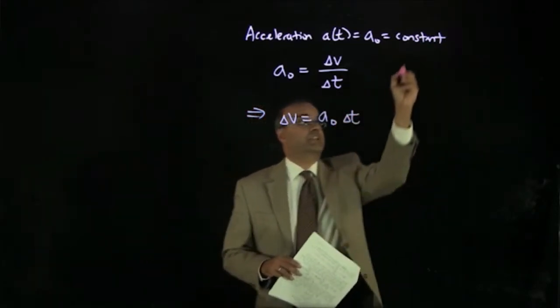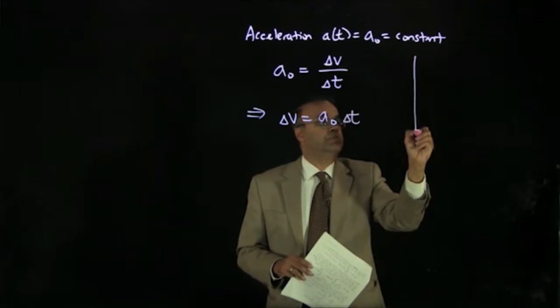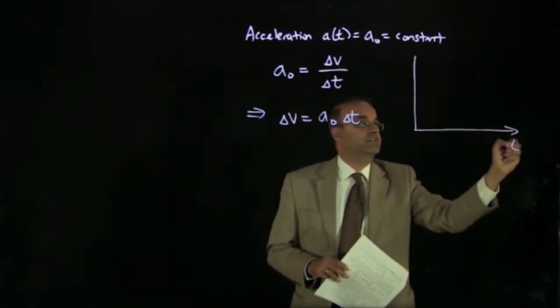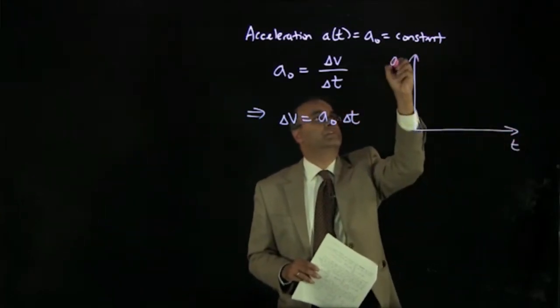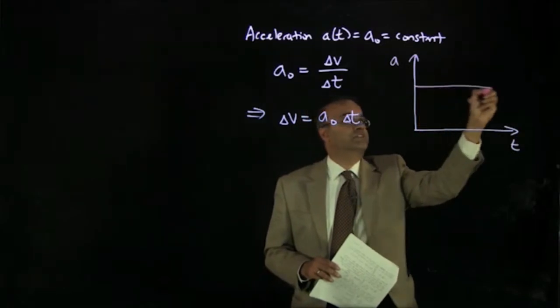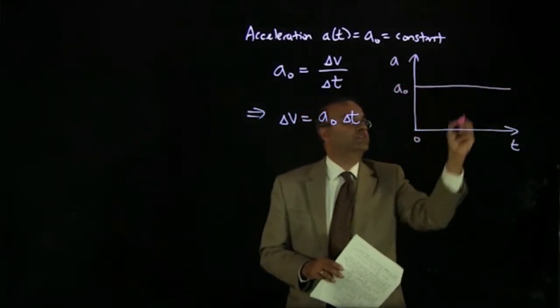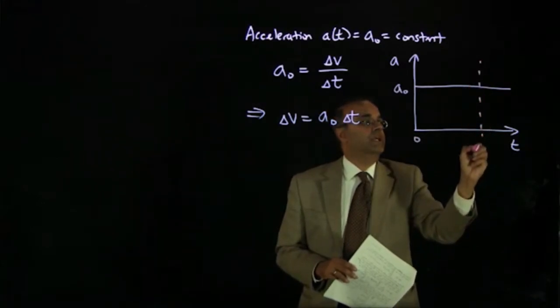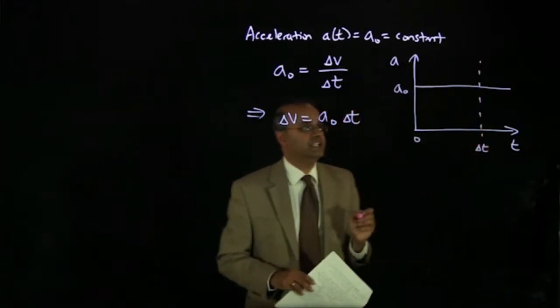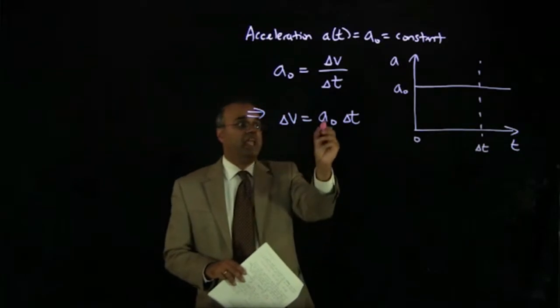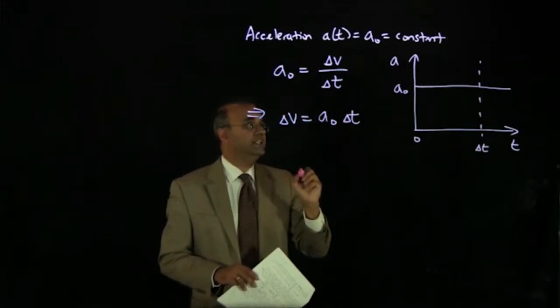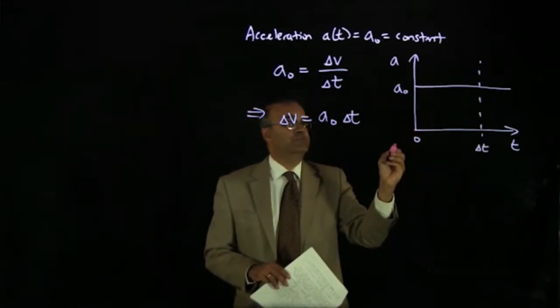And we can see this graphically if I plot acceleration versus time. Here's my constant acceleration, a naught. Let's say this is time 0, and here's the time delta t. The change in velocity, a naught times delta t, is just the area of this box.